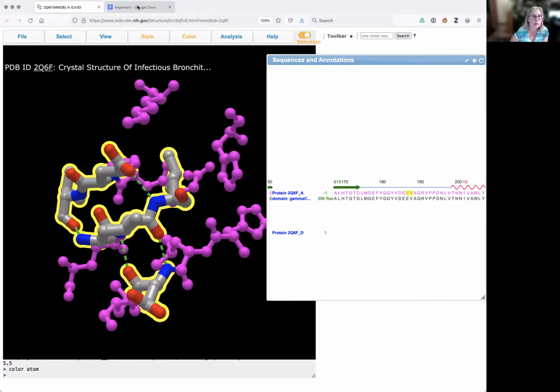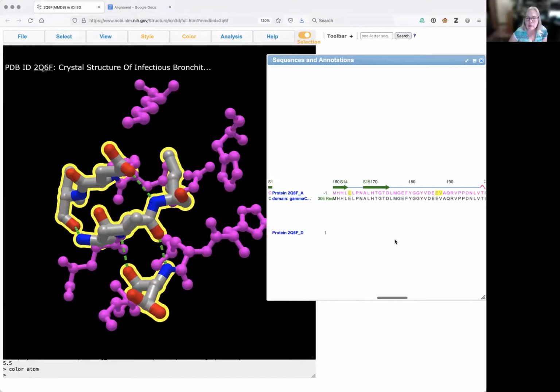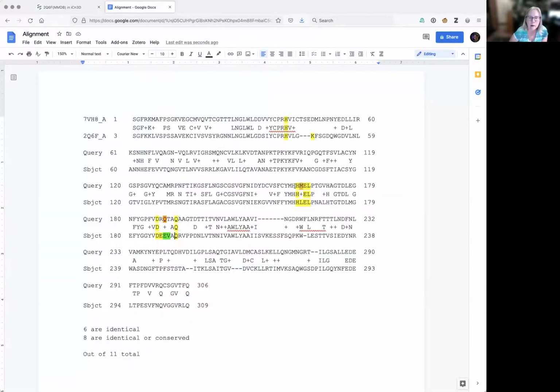So glutamic acid 164, which seems to be really important. And that is, oops, let's take a look here. 164, right, it's right after the HL. It's the E right here. Okay, so it's this one. So let me highlight that.